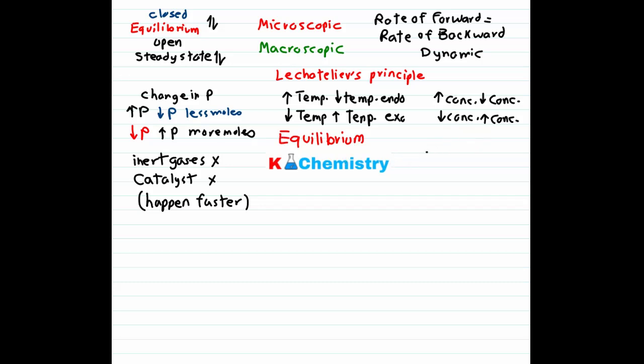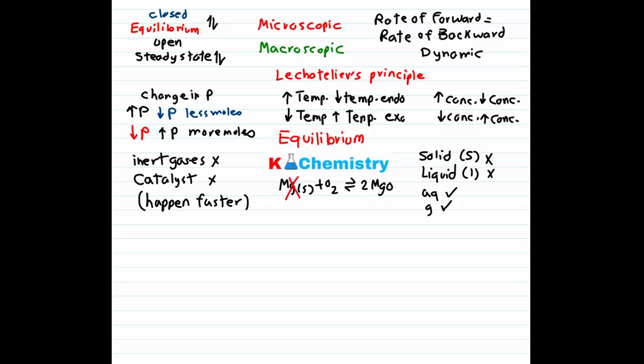If there is a solid or a liquid in the equation, then I will not consider them while counting the number of moles. I will only consider the aqueous and the gases. When you are trying to find which is the direction with fewer moles and which is the direction of more moles, like here, Mg plus O2 gives you 2MgO, so you can decide what happens when you increase or decrease the pressure.